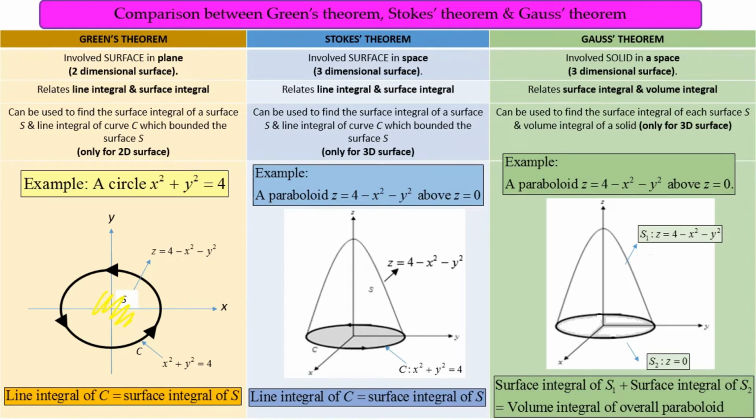While for Stokes theorem, let's say we have a paraboloid here. The line integral over C is equivalent to the surface integral over S in a three-dimensional perspective. While for Gauss theorem, the surface integral of surface 1 plus the surface integral of surface 2 is equivalent to the volume integral of the whole paraboloid. Okay, this comparison you should understand very well.